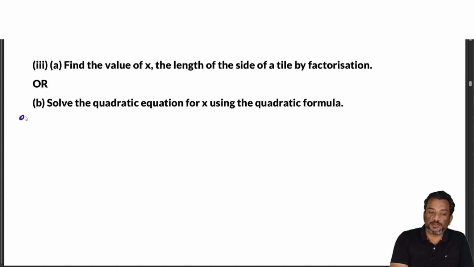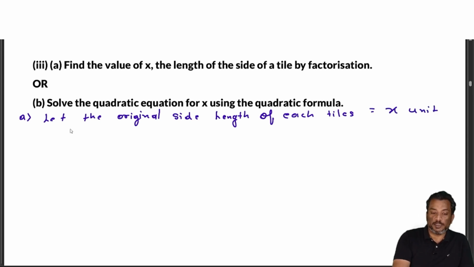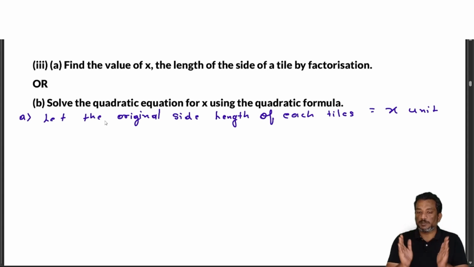So first one we can say let the original side length of each tile is x unit. Okay, now you can see the area is basically filled by that rectangular floor by the 200 tiles.